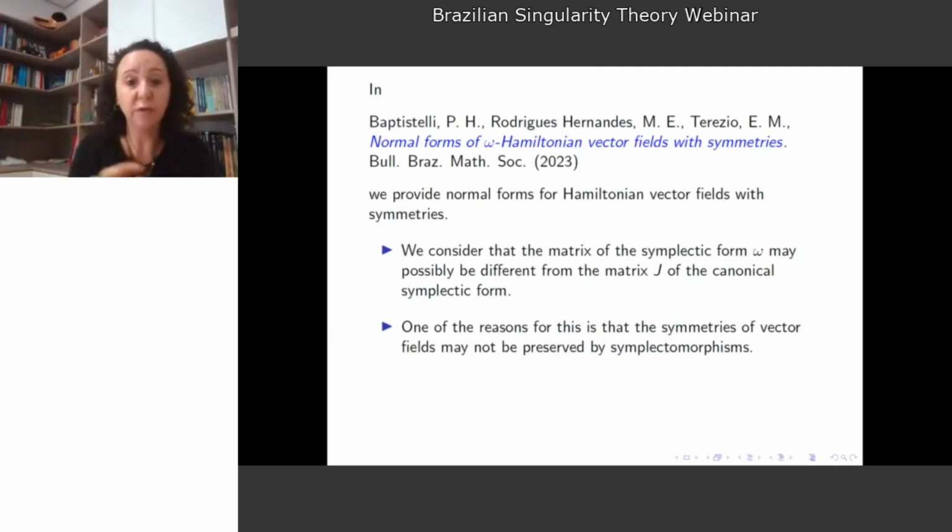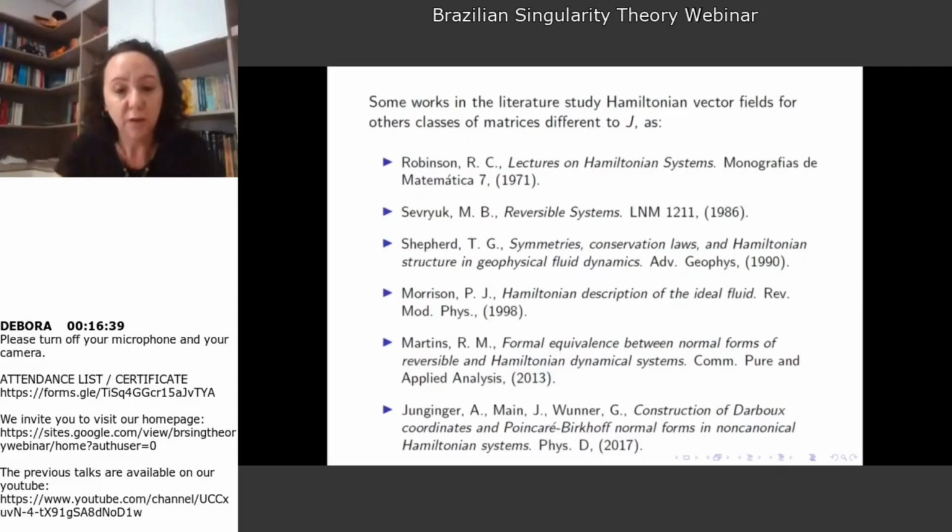There are a lot of things we study in the same object. And another reason is that there are some works in the literature that study Hamiltonian vector fields for other classes of matrices different from J. Here we list some of them.